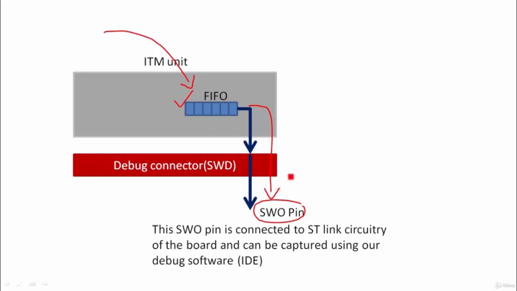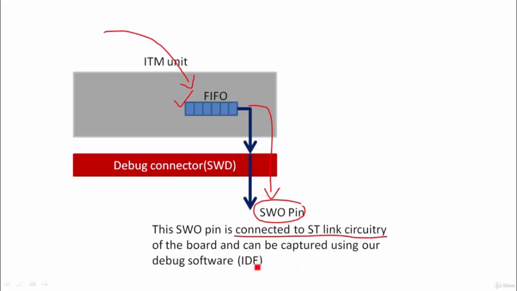In the IDE, there is a provision to capture this SWO pin. Remember that not all IDEs support this feature of capturing the SWO pin. Fortunately, STM32CubeIDE and TrueSTUDIO support this functionality. The SWO pin is connected to the ST-Link circuitry of the board and can be captured using our debug software.